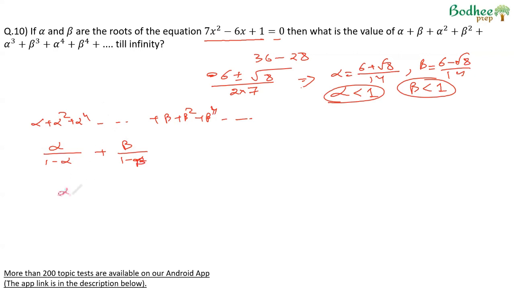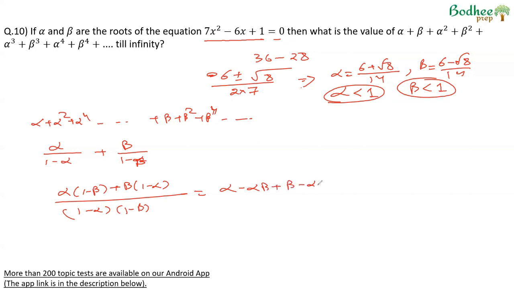If we add, we'll get alpha into 1 minus beta plus beta into 1 minus alpha upon 1 minus alpha into 1 minus beta. This becomes alpha minus alpha beta plus beta minus alpha beta upon 1 minus alpha plus beta in bracket plus alpha beta.